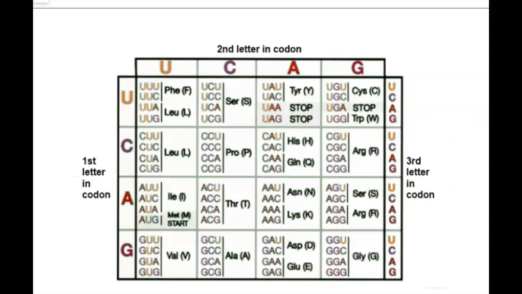If we look at our amino acid chart, we can see the original codon was GAG. So how do we find out what the amino acid is for that codon?